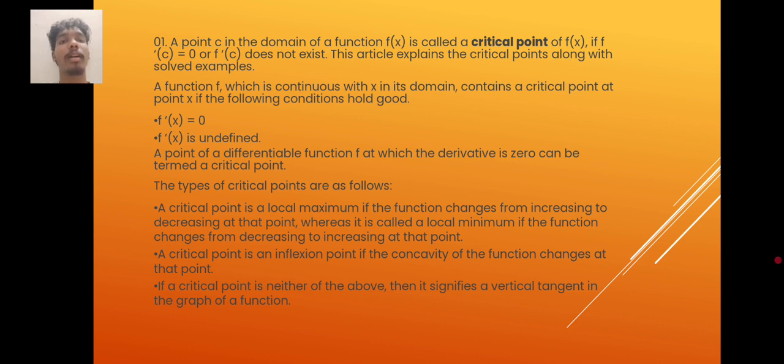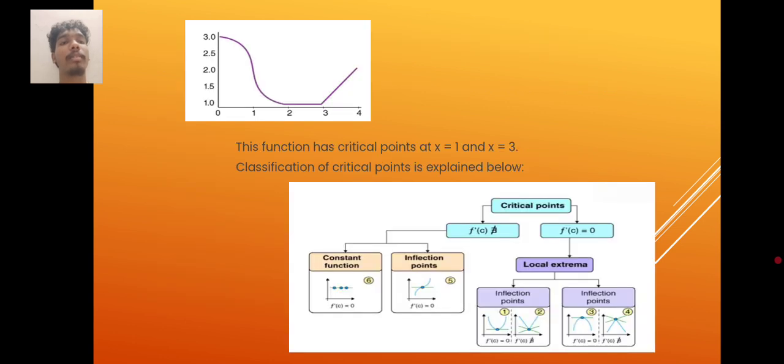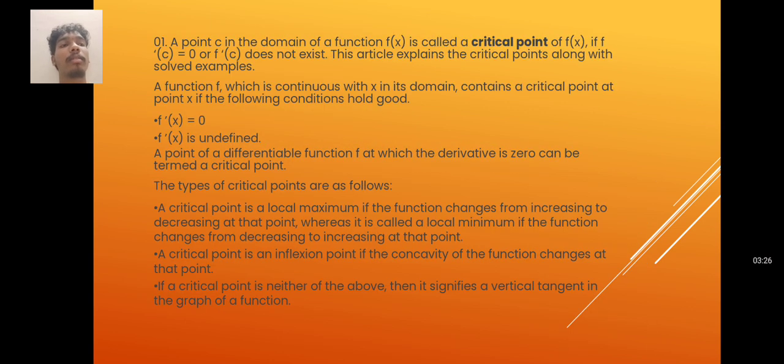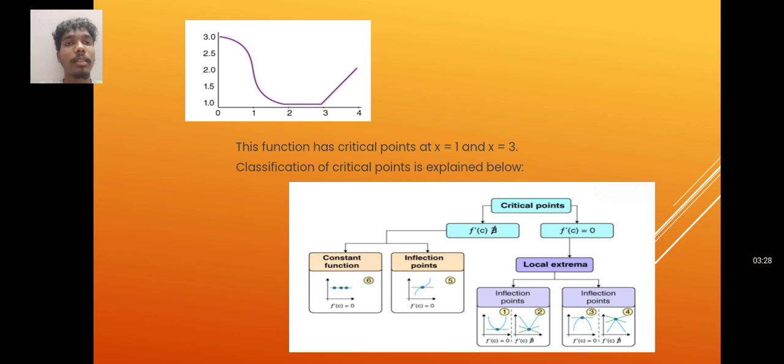A critical point is a local maximum if the function changes from increasing to decreasing at the point, whereas it is called a local minimum if the function changes from decreasing to increasing at the point. Let us see the graph.